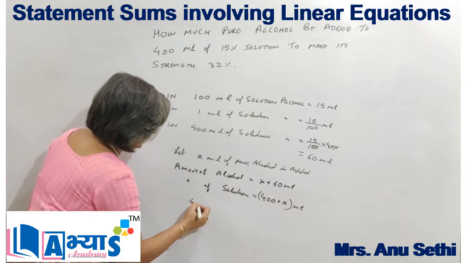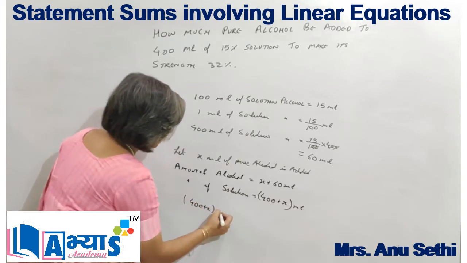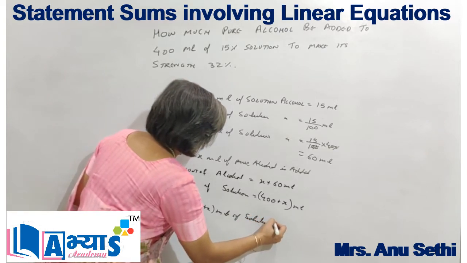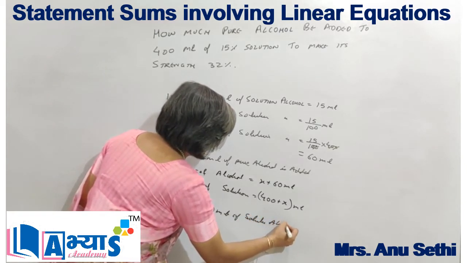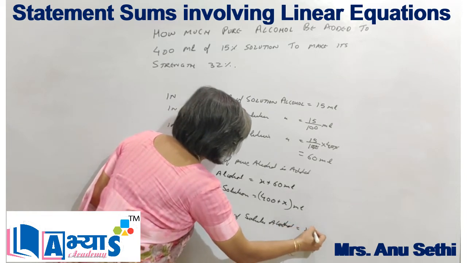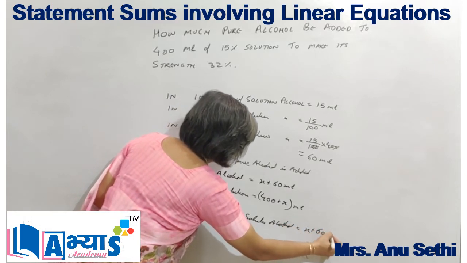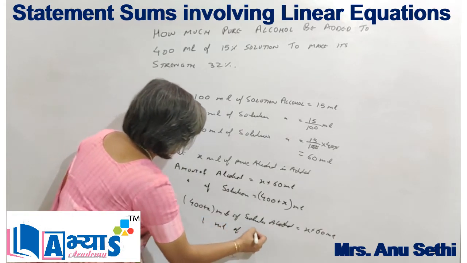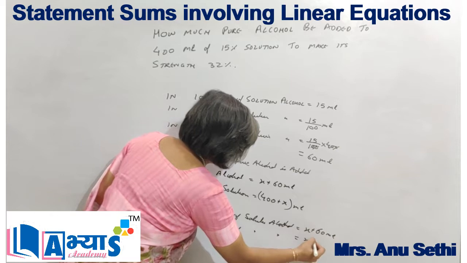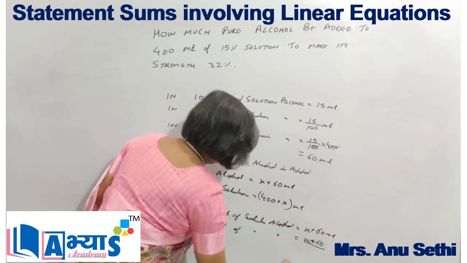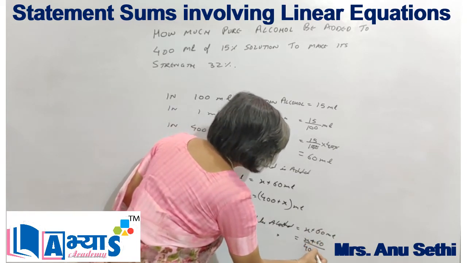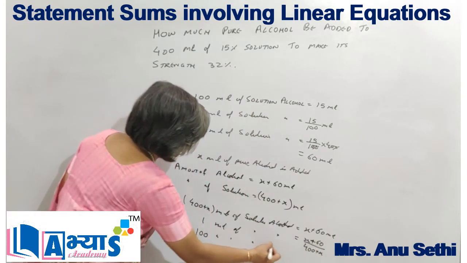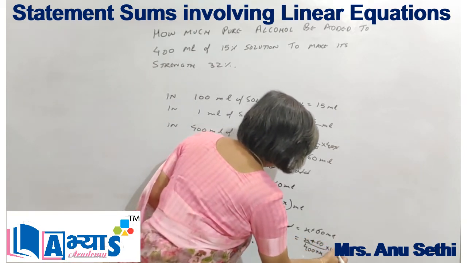Now that means in 400 plus x ml of solution, alcohol is equal to x plus 60 ml, or we can say in 1 ml of solution, alcohol is equal to x plus 60 upon 400 plus x, or we can say in 100 ml of solution, it will be into 100.